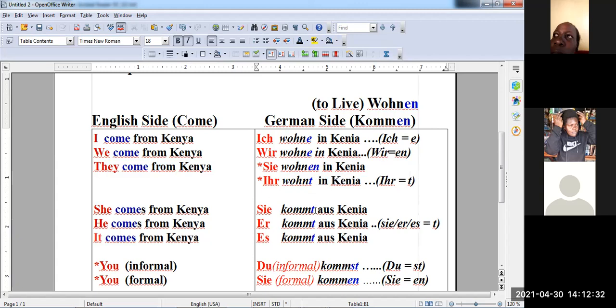She lives in Kenya. The same. So this one, we are going to just put the same stuff. She lives, he lives, it lives in Kenya. Just the same way as the other above.